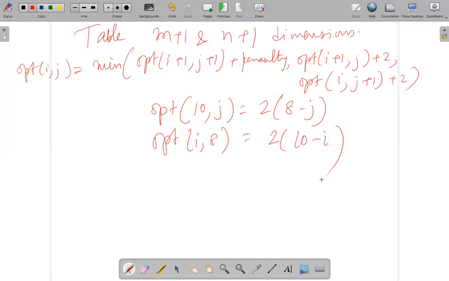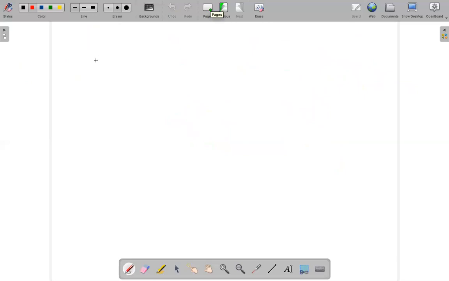Okay, so we are considering the specific example that we saw in the previous slides. Now, if you think carefully, what are you doing? So let's say we construct the table here.